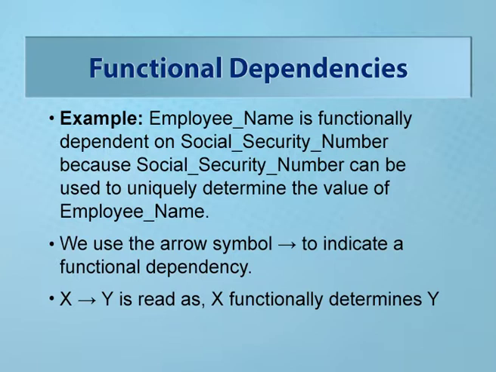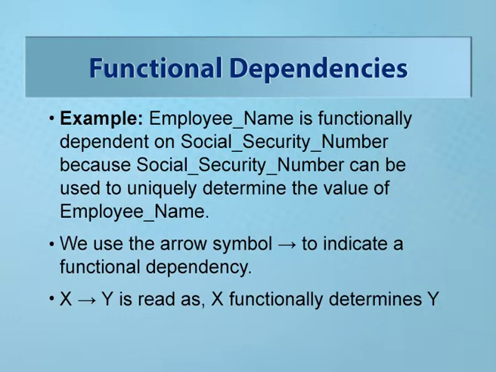SSN can be used to uniquely determine the value of employee name. At any instance, if you want to retrieve the employee name directly, you can give the SSN so that the employee name can be retrieved automatically. Likewise, if the SSN is given and the pay needs to be retrieved, then also you can do that.